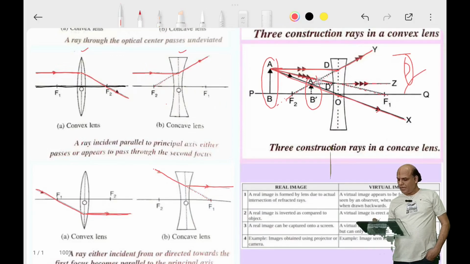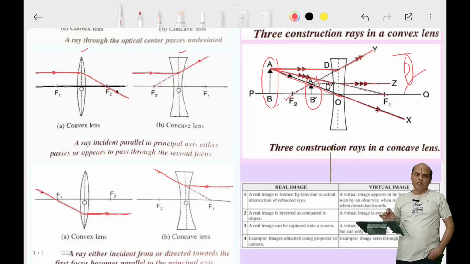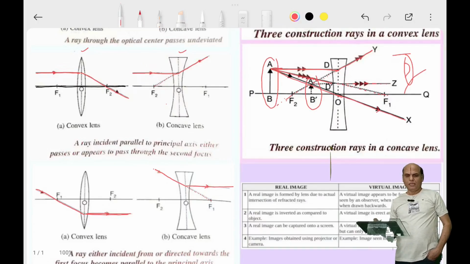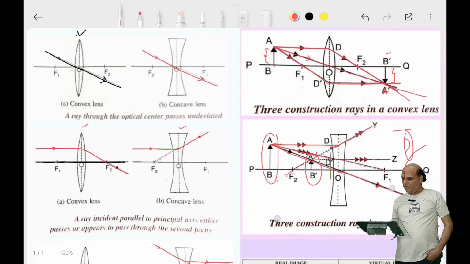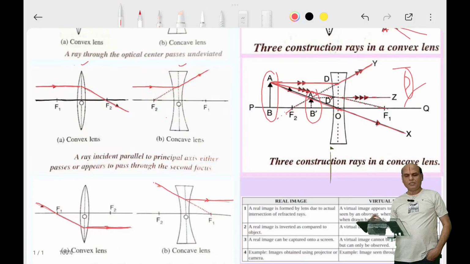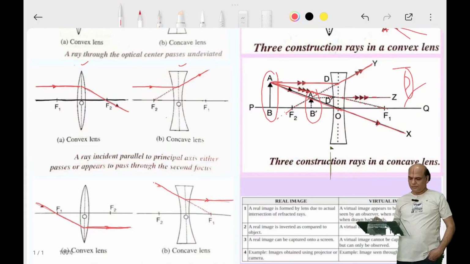That's the reason why A dash B dash is called a virtual image. It can never be captured on a screen. Moreover, this image is upright or erect. In case of a convex lens, it is inverted, whereas in case of a concave lens, it is erect and upright and it is virtual. Clear?